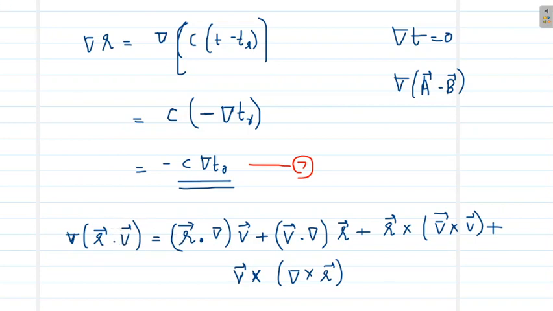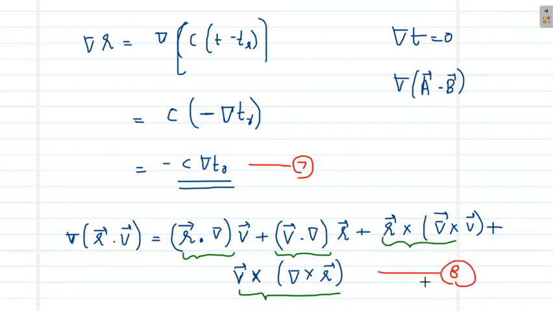And now we have to evaluate each of the terms inside this equation: r bar dot del of v bar, v bar dot del of r bar, r bar cross del cross v bar, and v bar cross del cross r bar. Let me call this equation number 8. We will evaluate each of these terms and substitute them into equation 8 to finally find del of r bar dot v bar.